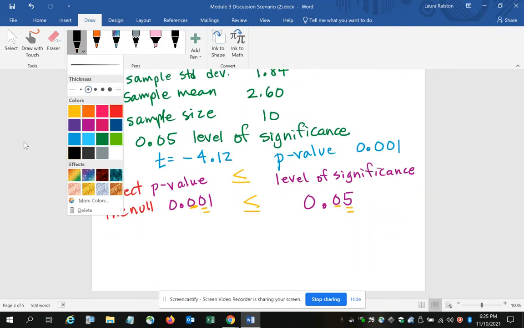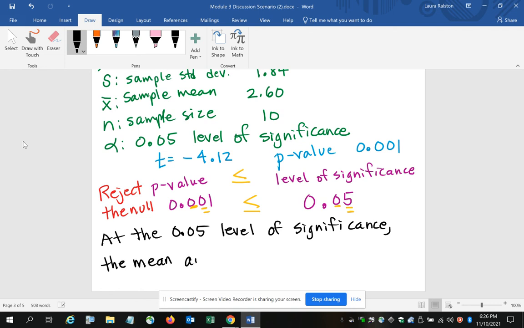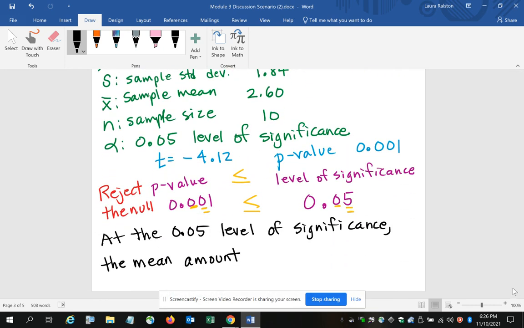So we would write, make sure you include your level of significance, at the 0.05 level of significance, the mean growth rate is below, or is less than, $5.